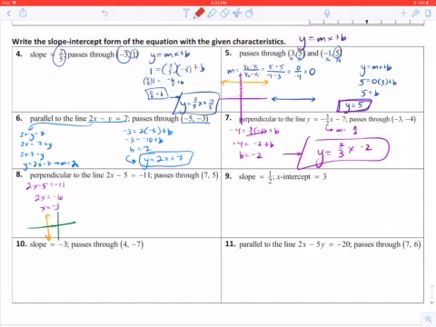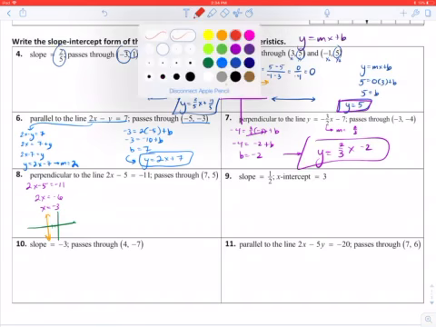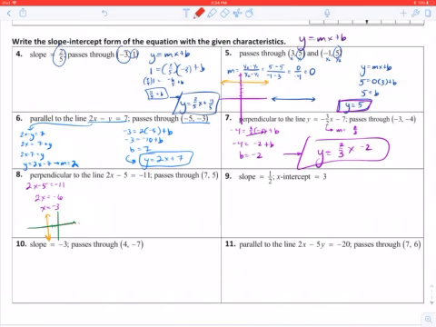Anywhere here would be perpendicular as long as it's a flat horizontal line. Now I need to make it go through 7 comma 5. 7 comma 5 would be 1, 2, 3, 4, 5, 6, 7. Here it has to go through 5, so that equation would be y is equal to 5.